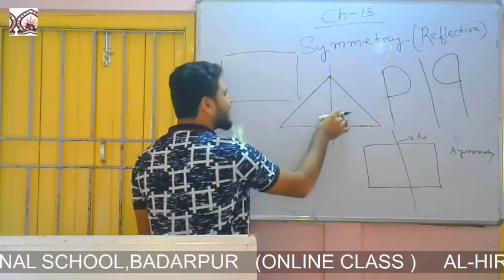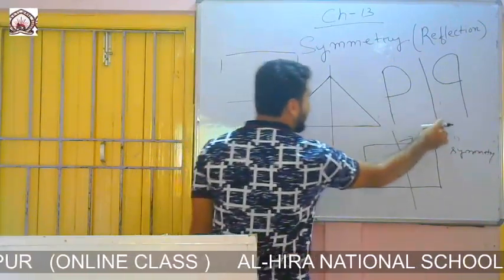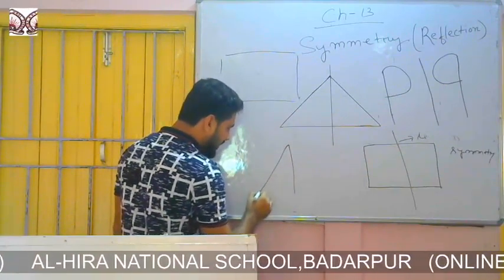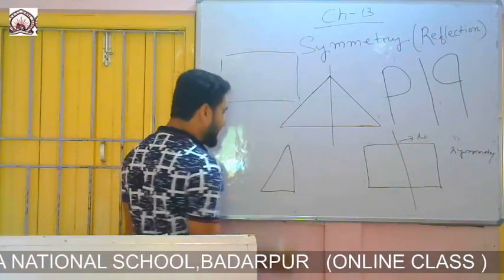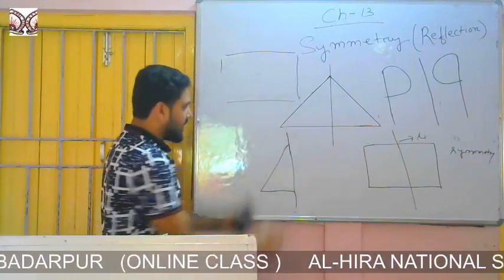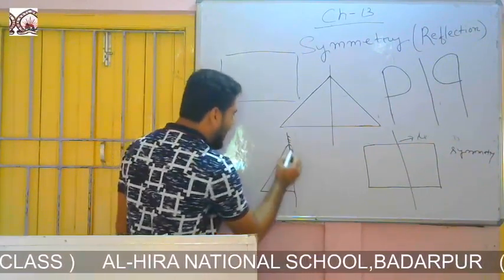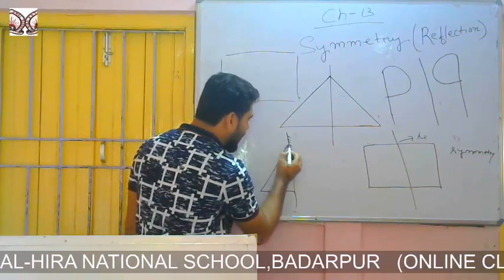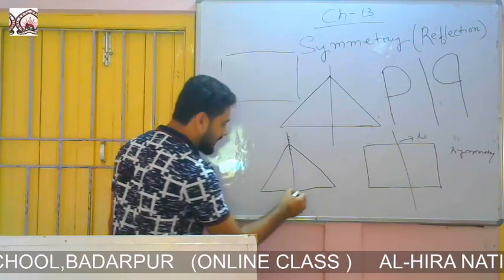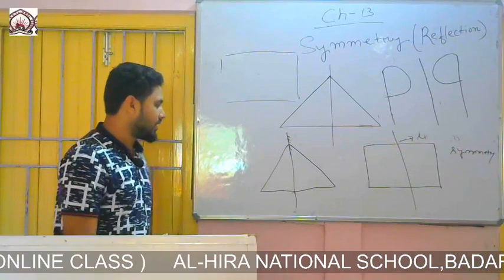But in an image, suppose this is a triangle and I put a mirror here, then we will observe that a shape like this will be formed in the mirror.